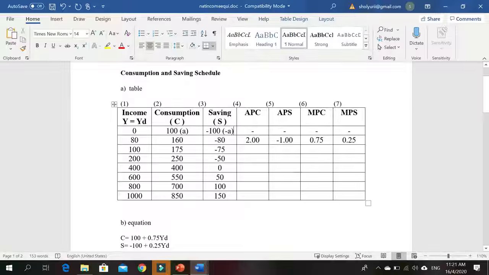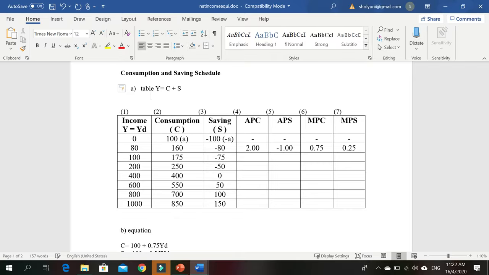Okay. So to find the figure here, if they don't give this saving, very simple. You use the formula Y equals to C plus S. In order for you to find saving, basically S is equals to Y minus C. So here, income is 80 but we spend 160.